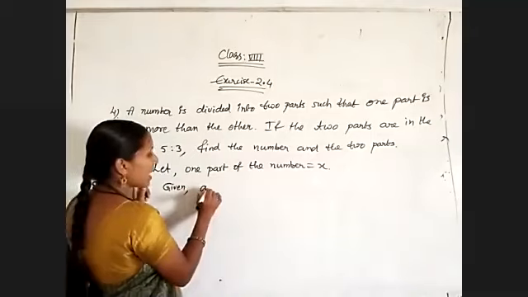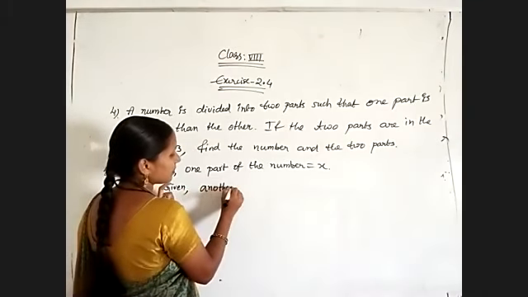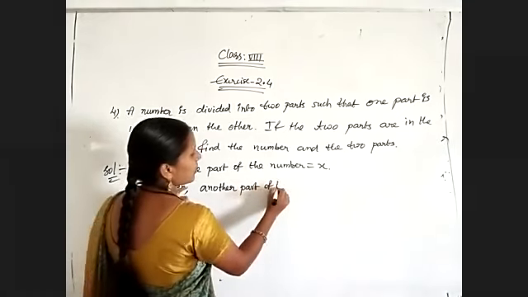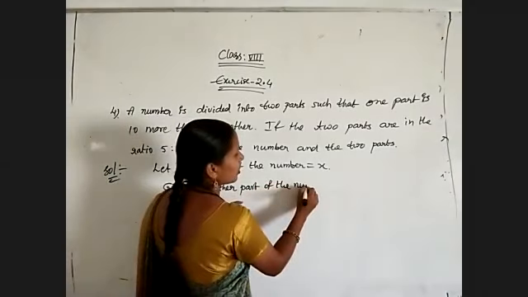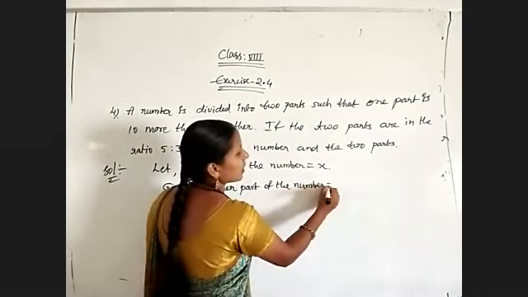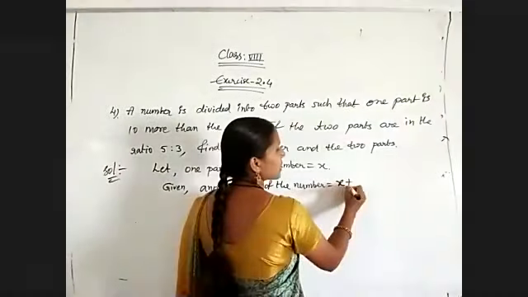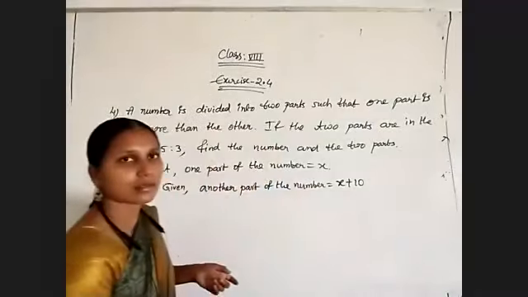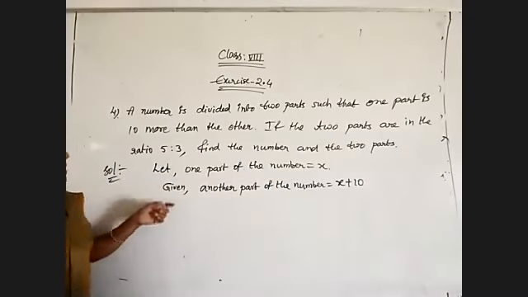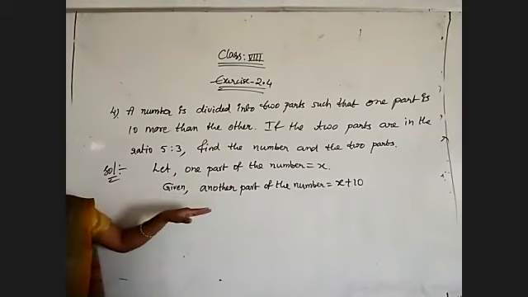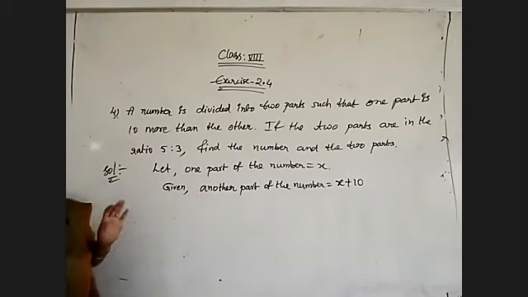So another part of the number will be equal to 10 more than the first part, that is x plus 10. I hope you understand this. 10 more than x means x plus 10, that's all.